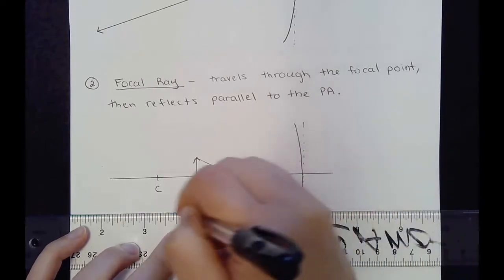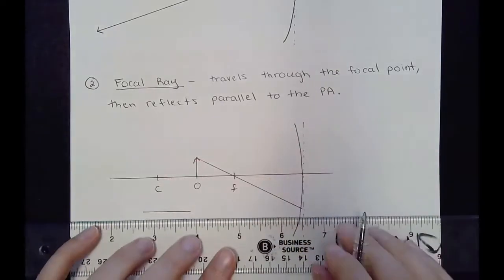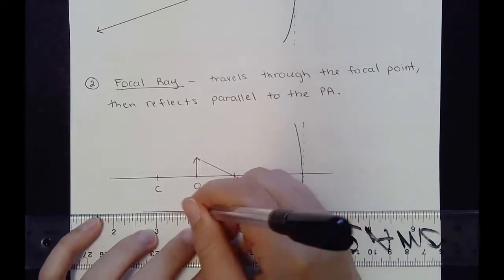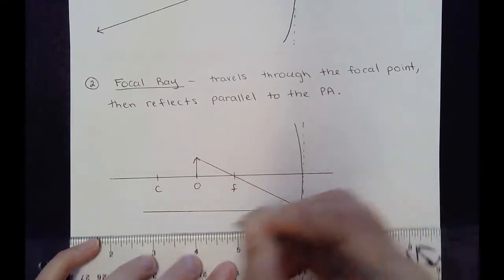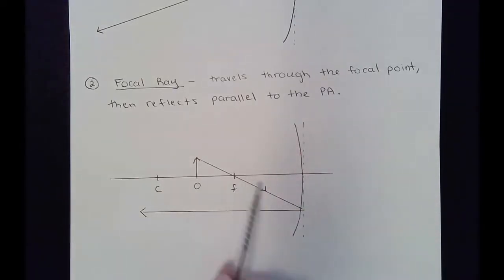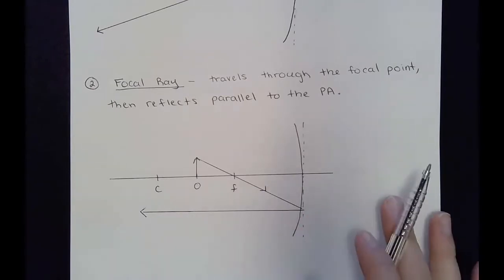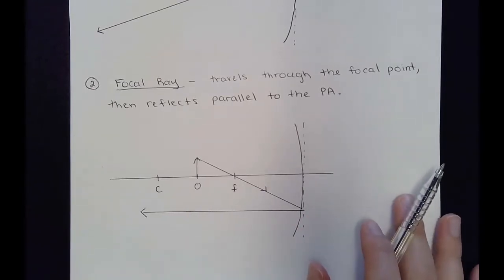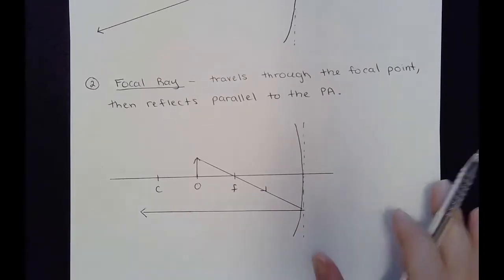So something like that. Oh, that didn't work. Okay. Fix that. There. Okay, so the ray hits the mirror and then it reflects. And we would draw all of these on the same diagram. I'm just drawing them here so you can see them individually.